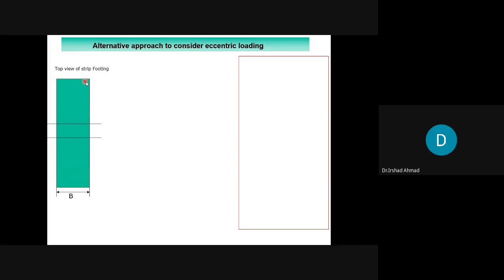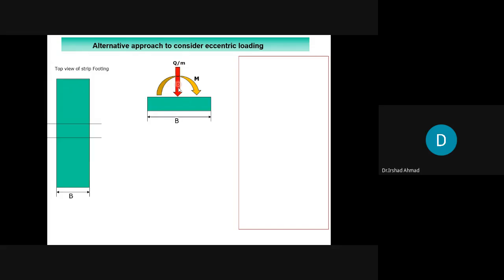This is a strip footing. The width is B, but the length is very long. This is the load per meter run, and this is the moment. The moment is generated because of the eccentricity of this load. So the stresses in the soil would be because of two things: one due to this red axial load and the other due to moment.